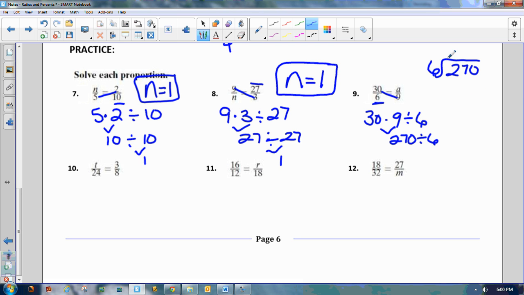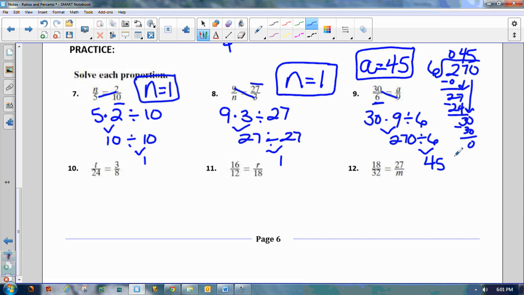Put 270 inside. 6 does not go into 2. Bring down our 7. 6 goes into 27 4 times, which is 24. 3 left over. Bring down our 0. 6 goes into 30 5 times. Remainder 0. So 270 divided by 6 is 45. That means our variable a equals 45.